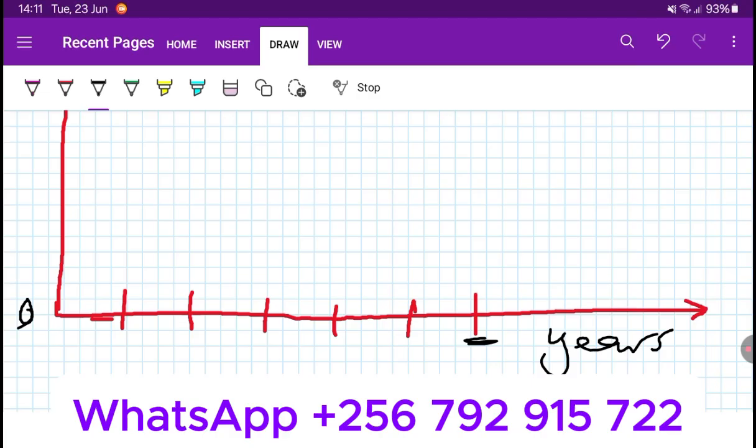Actually, you plot in descending order. You plot from the highest to the lowest. That Pareto graph, we shall also look at it. But for these ones, we always leave a space. So of course, it's always good for you to write the years in between here.